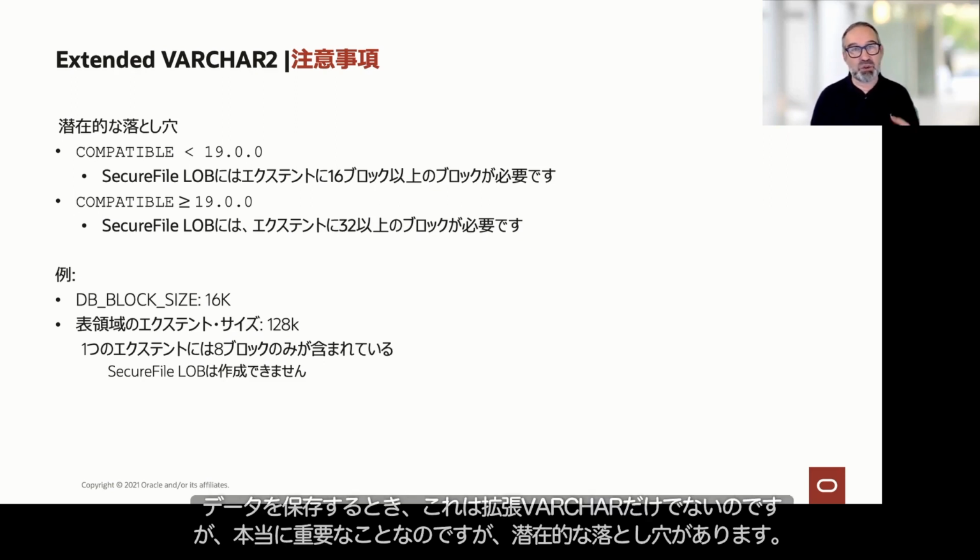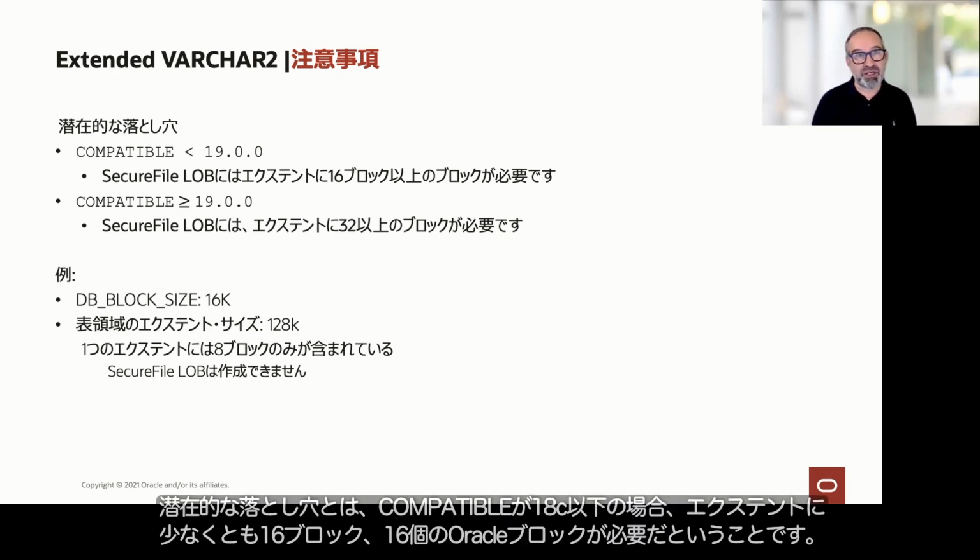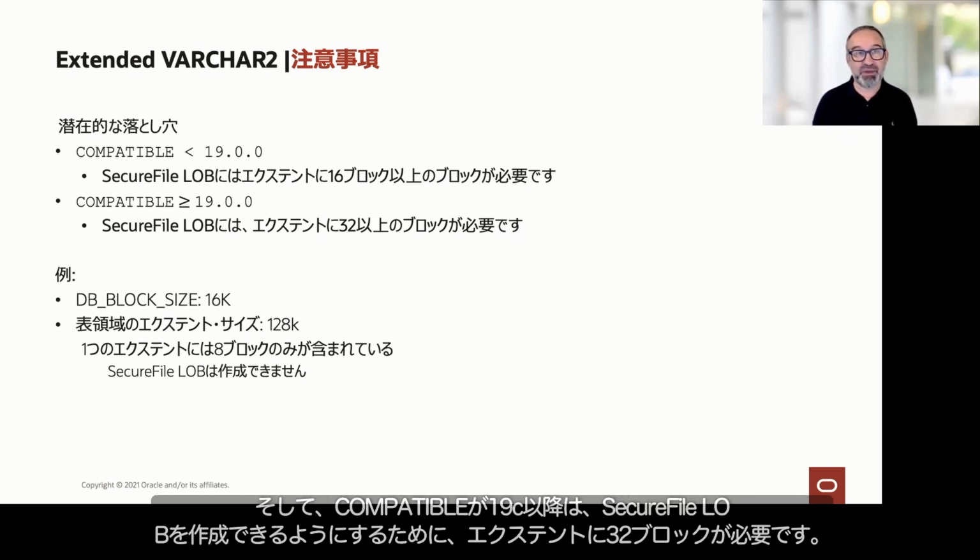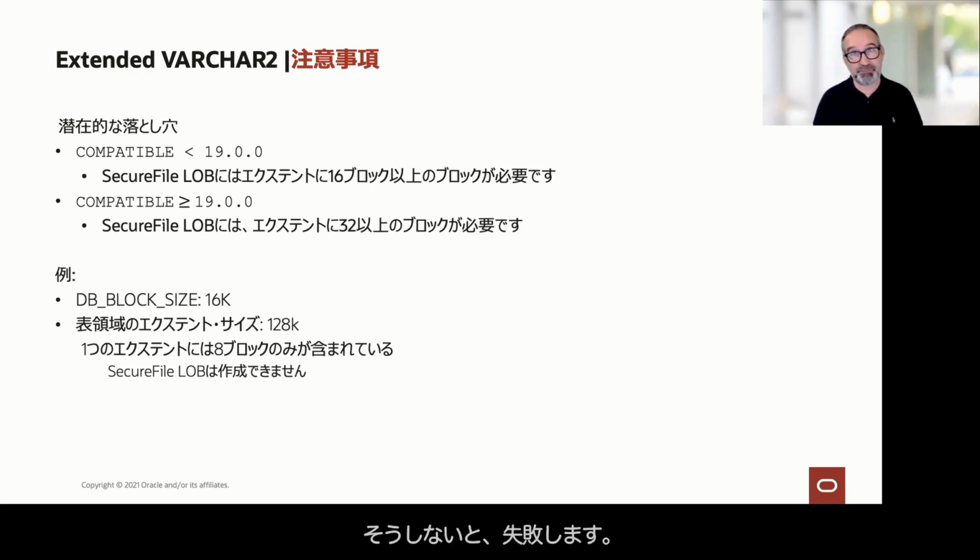When we store data, and this applies not only to extended VARCHAR2, but here it becomes really important, we need at least 16 Oracle blocks in an extent until COMPATIBLE is 18c or lower. And beginning with 19c COMPATIBLE, we need 32 blocks in an extent to be able to create a SecureFile LOB. Otherwise, that will fail. So this means a simple example to demonstrate that.